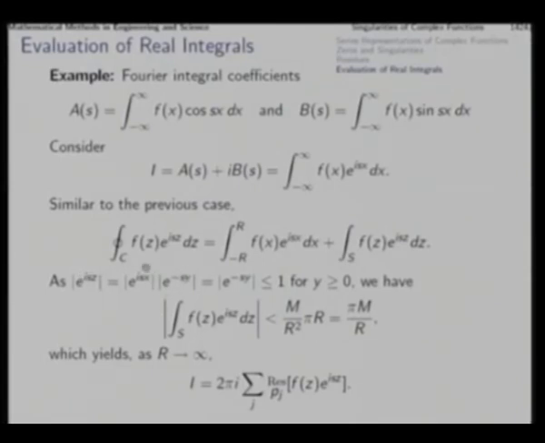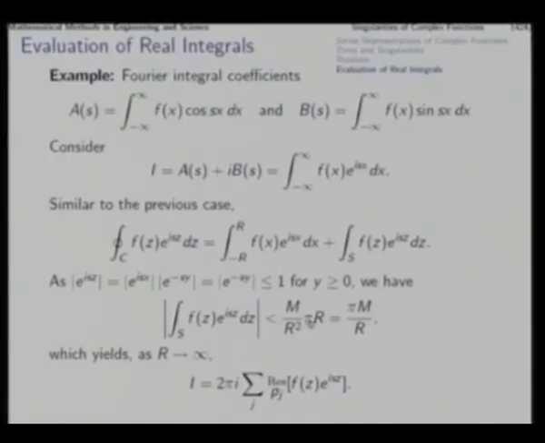Then we know that this is unit size, cos sx plus i sin sx, so this will not change the size. Okay. So, this is less than or equal to 1 because y is real, s is real and this is negative. So, s and y are positive in the upper half plane. So, this is less than or equal to 1 for y greater than or equal to 0.